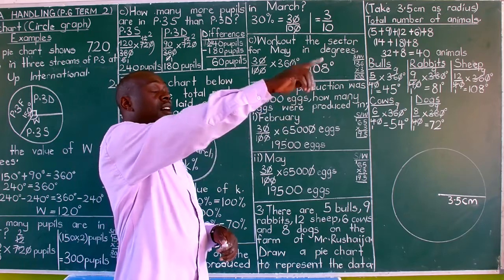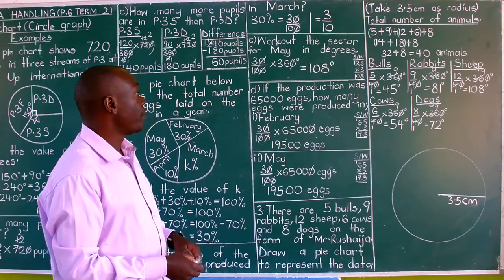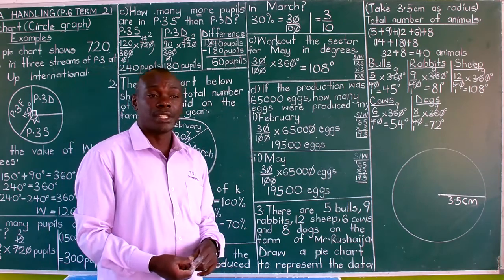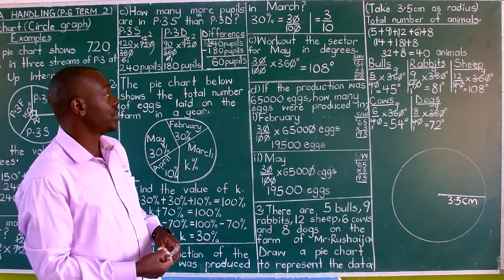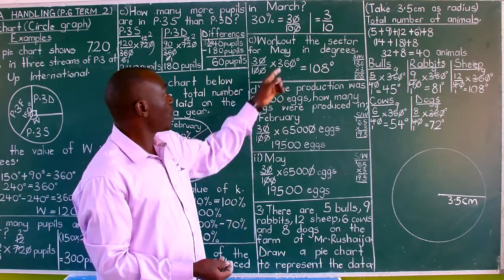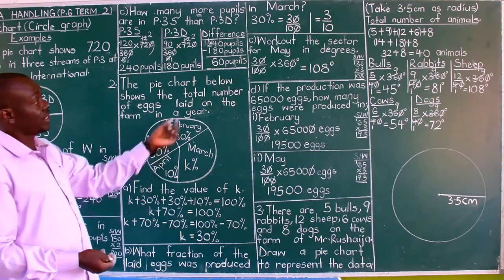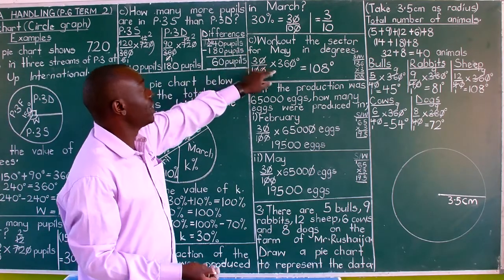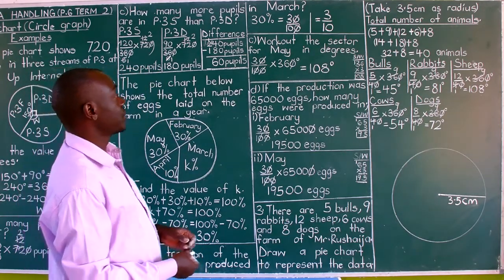Remember, angles at a point add up to 360 degrees. So by converting any fraction to degrees, we multiply it by 360 degrees. So that's why we look at May's fraction from percentage 30%, at 30 out of 100, then times 360 degrees, and then start our cancellations.